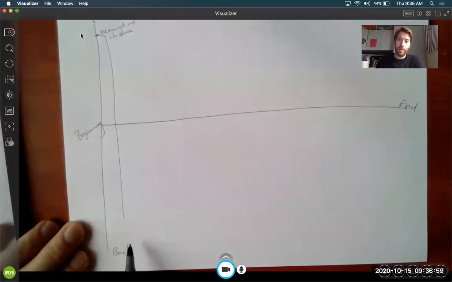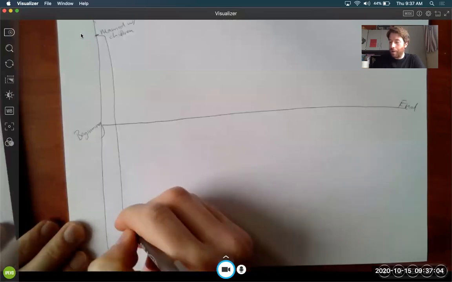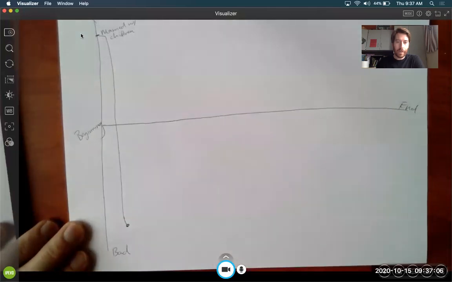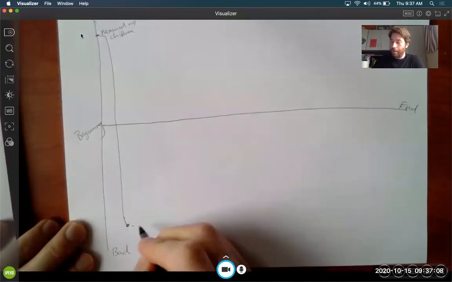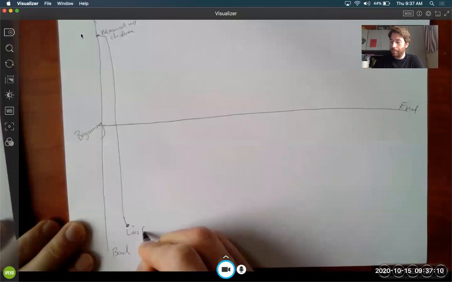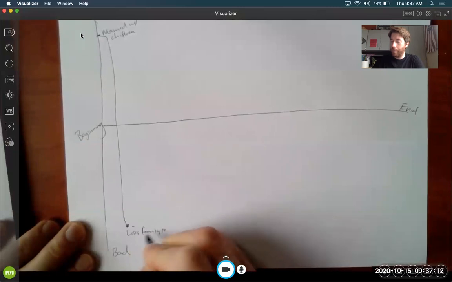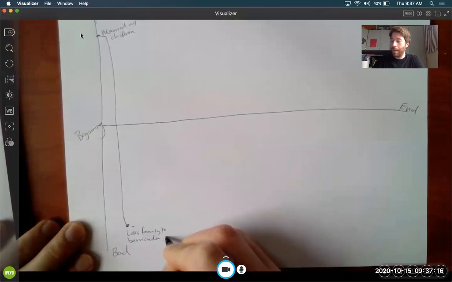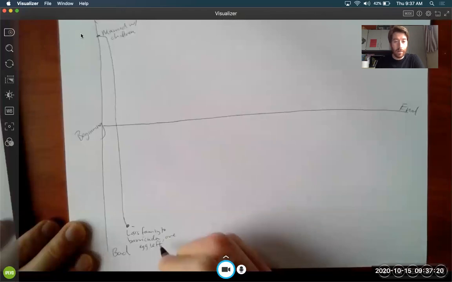No, because Marlin still has one kid left, a damaged egg. So I'll draw a point right there. That point, I would say, is loses family to a barracuda, comma, one egg left. And that egg is Nemo, okay?